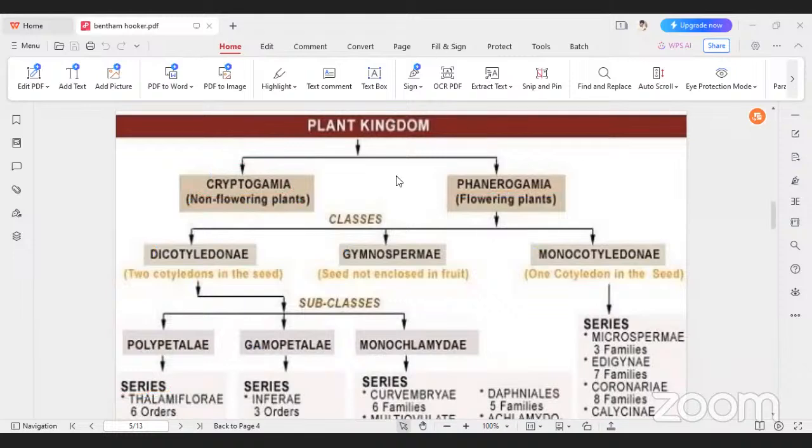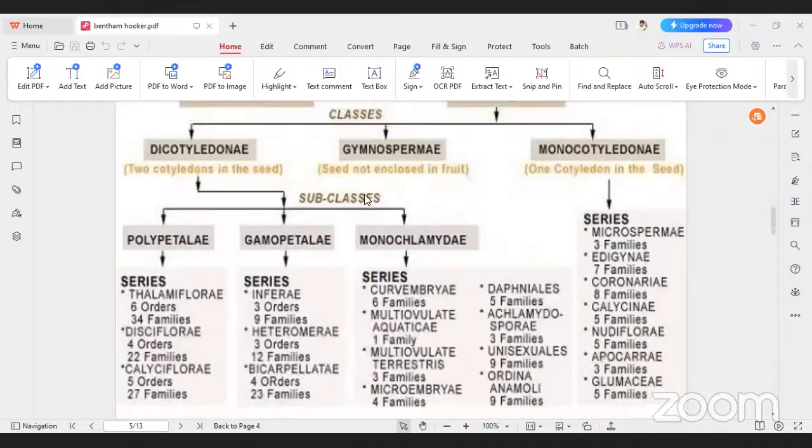Let's see the full diagram. Thalamiflorae has 6 orders and 34 families. Disciflorae, 4 orders, 22 families. Calyciflorae, 5 orders, 27 families. First, let me complete the series Thalamiflorae.